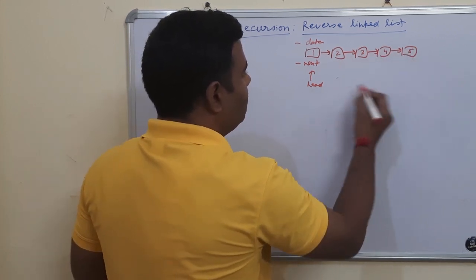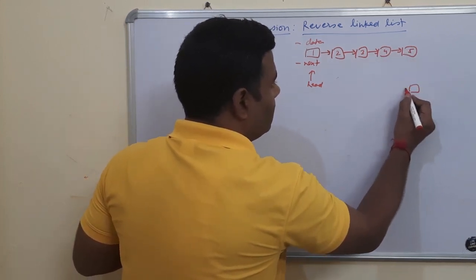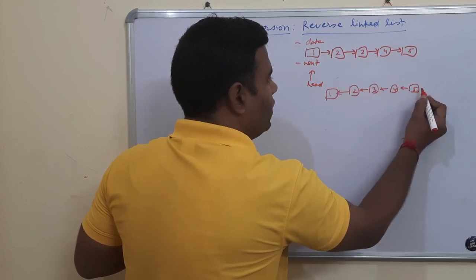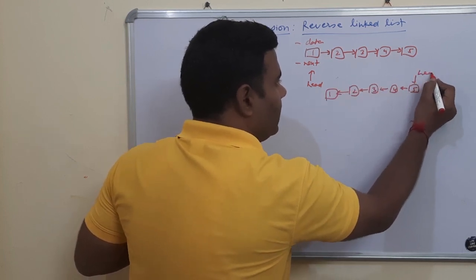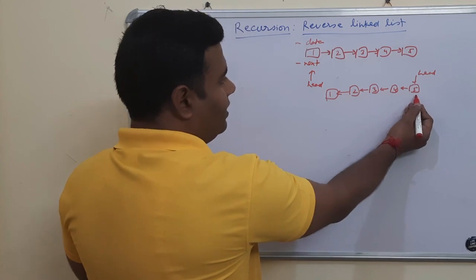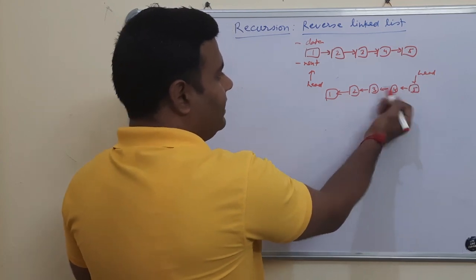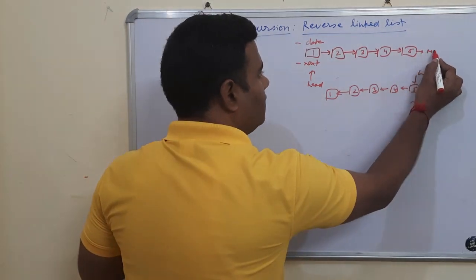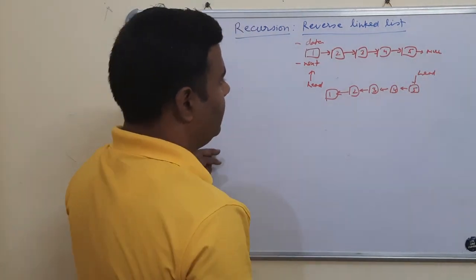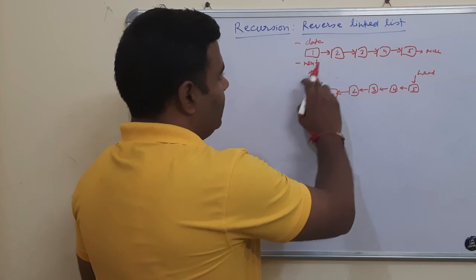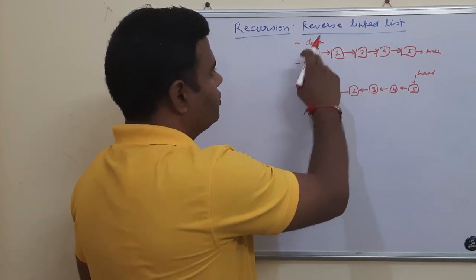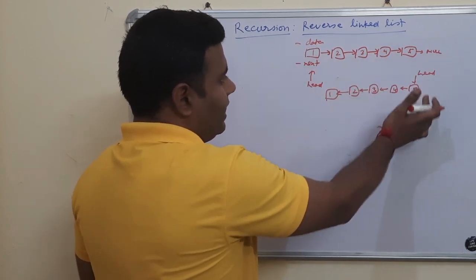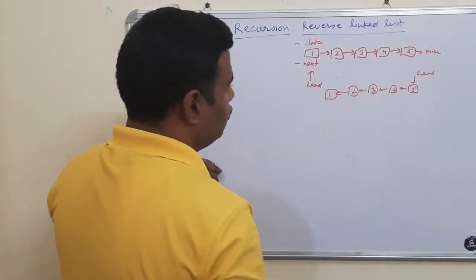Reversal will work like this. Here you can see head becomes the fifth one, and the next for fifth is 4. Here next was null. The linked list in the original case was going from 1 2 3 4 5, and in the reversal it's 5 4 3 2 1.